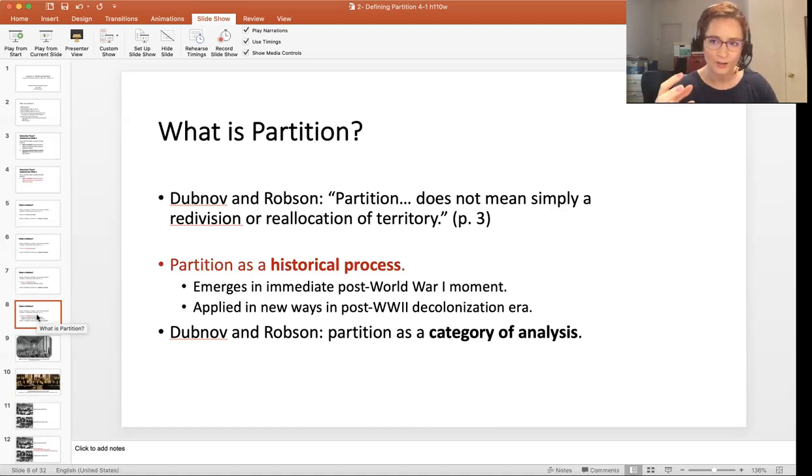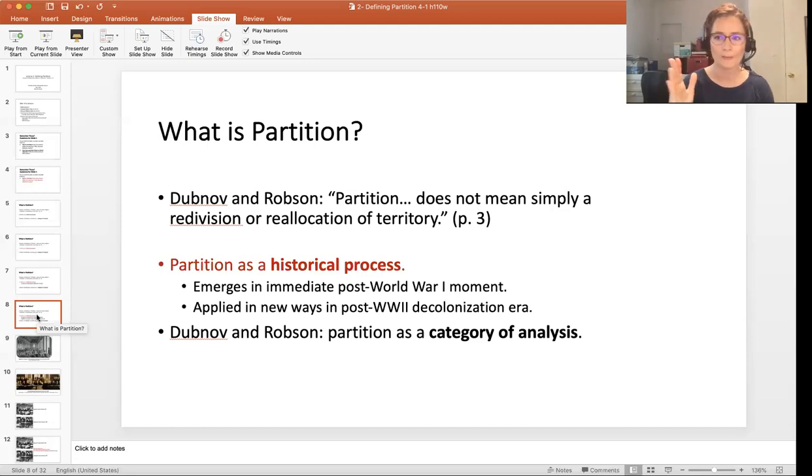In this second set of partitions, we see the same European powers who had instituted partition in the name of national self-determination in the 1920s. Now they're reapplying partition as a policy tool in service to decolonization, and specifically the desire of Great Britain to get out of the colonial game in both South Asia and the Middle East.